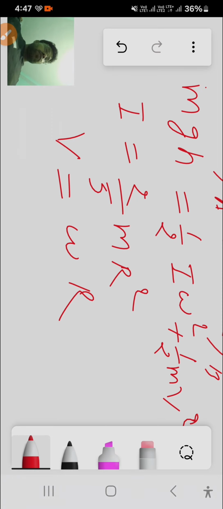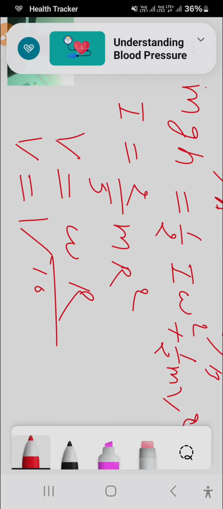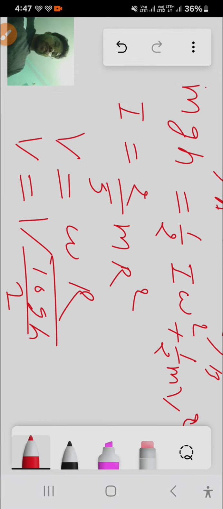While putting the value of omega in terms of v and r, we will get v is equal to under root 10 g h upon 7, right?